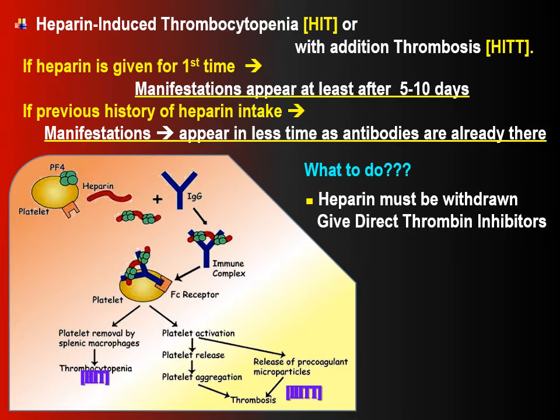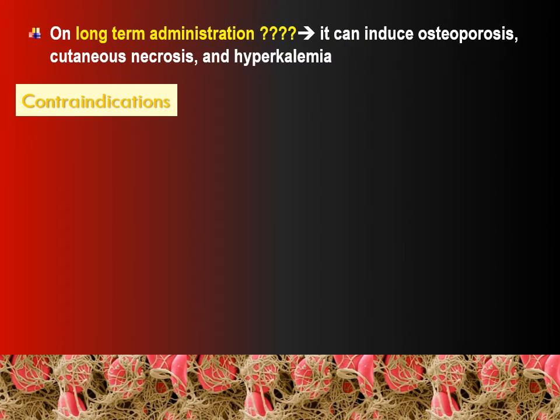What to do then? Heparin must be withdrawn, and we give a direct thrombin inhibitor that will act on the thrombin bound to the fibrin that is inaccessible to the heparin. On long-term administration, heparin can cause osteoporosis, necrosis, hyperkalemia, and reversible alopecia, but it's kind of rare.